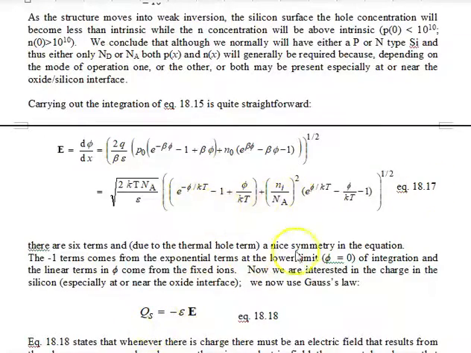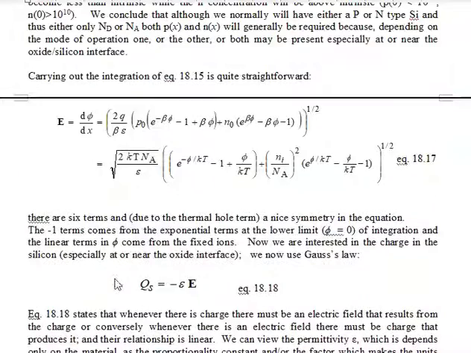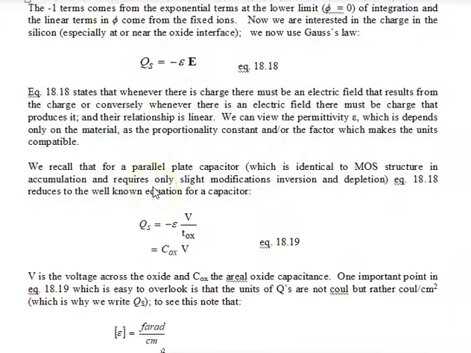And now our job is to simply transform the electric field into charge. Because again, charge is the name of the game. Charge is what we're interested in. Specifically, we're interested in the inversion charge, the charge between or at the oxide semiconductor interface.